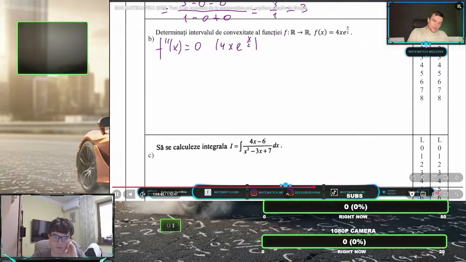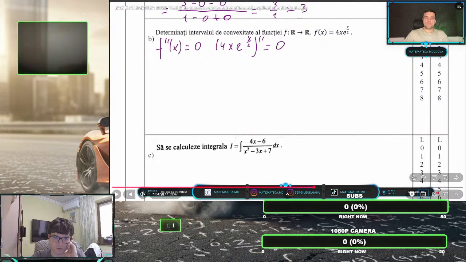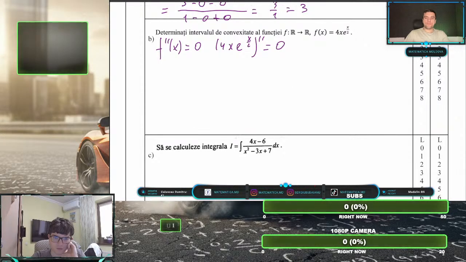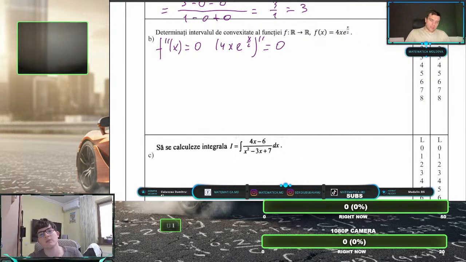Moving down from here. We gotta do 2 derivations of this. I don't really remember the stuff with derivations, so forget it.